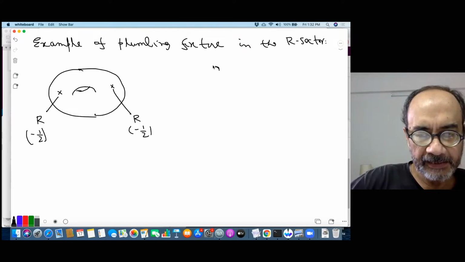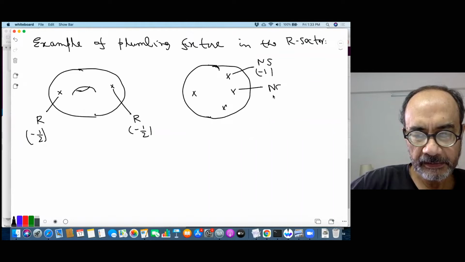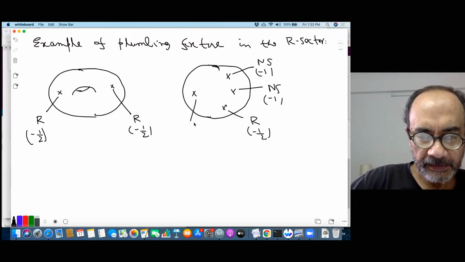And take another surface which we'll take to be a sphere with four punctures. These will be taken to be NS. So these are in the -1 picture. This will be in the Ramond, which is in the -1/2 picture. And this will be in the Ramond, which is -1/2 picture.